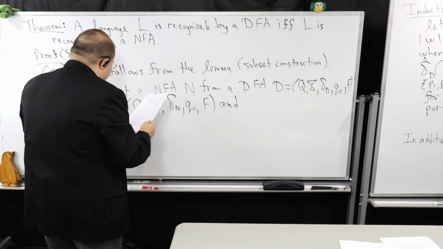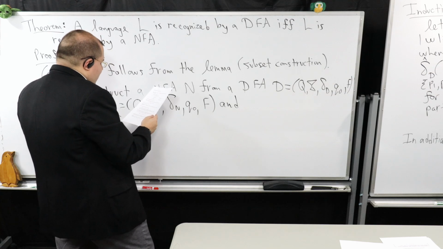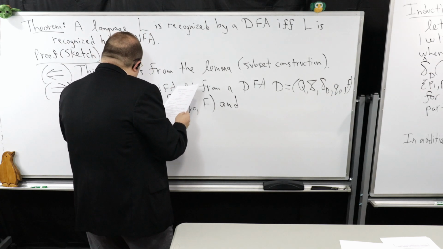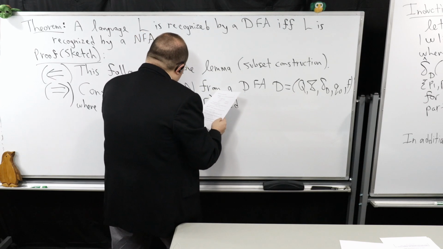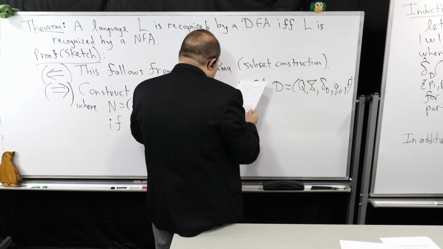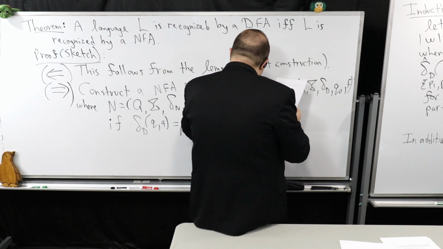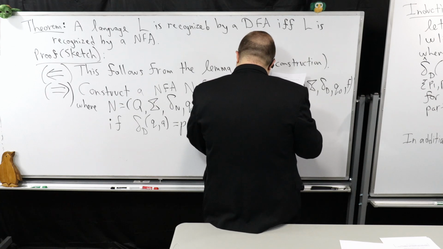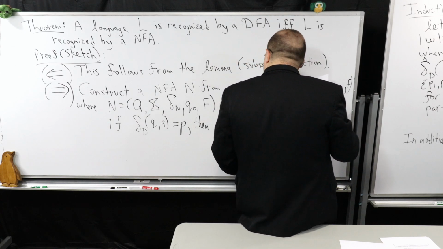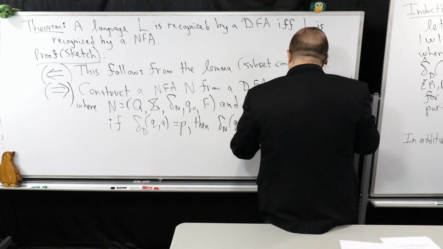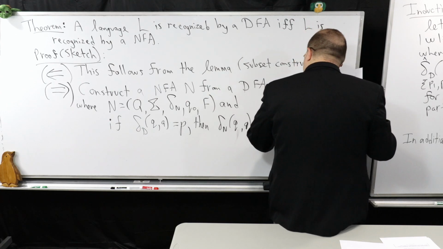So watch this. If delta_D(q, a) equals p, then delta_N(q, a) is equal to the set containing p.